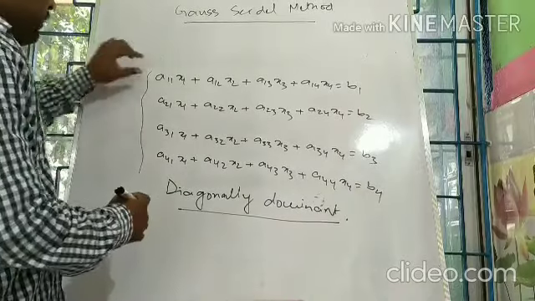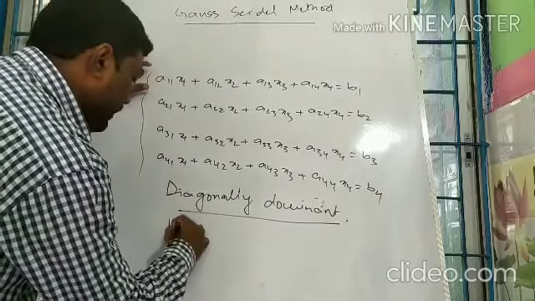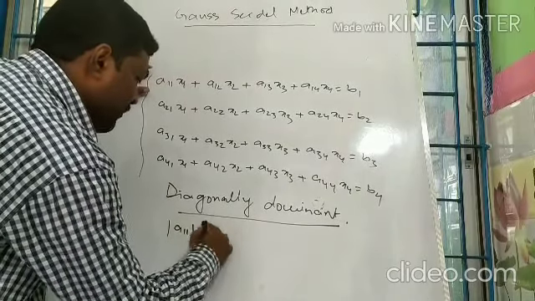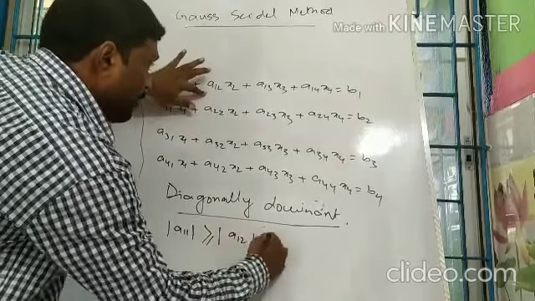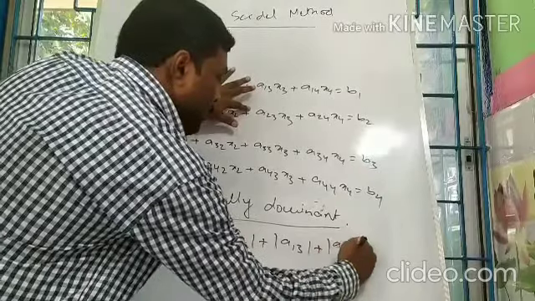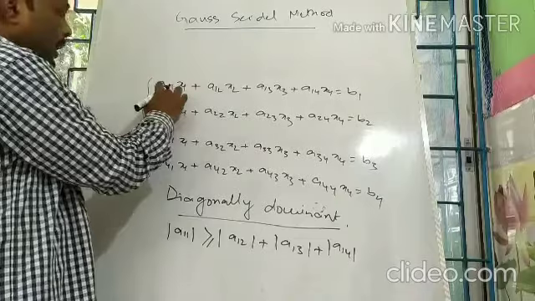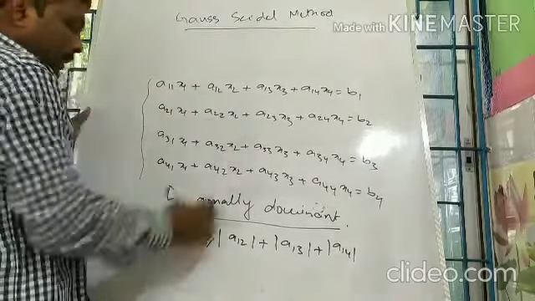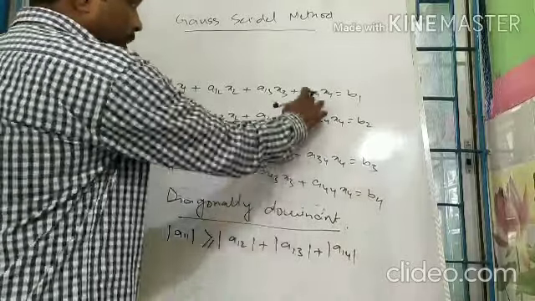That is, mod a11 must be greater than equals to mod a12 plus mod a13 plus mod a14. So the principal diagonal element mod a11 is greater than equals to mod a12 plus mod a13 plus mod a14.